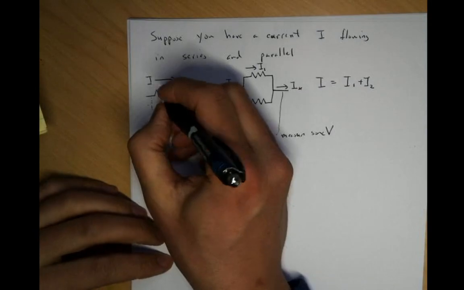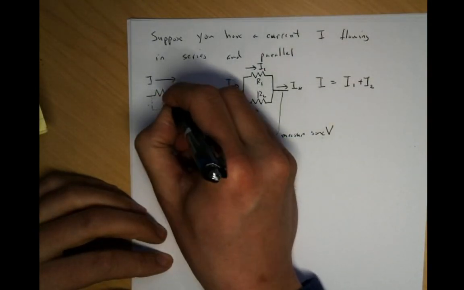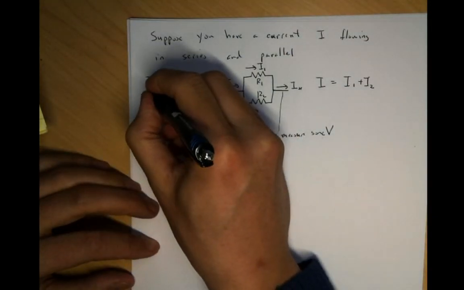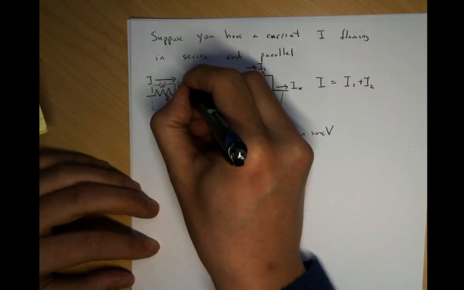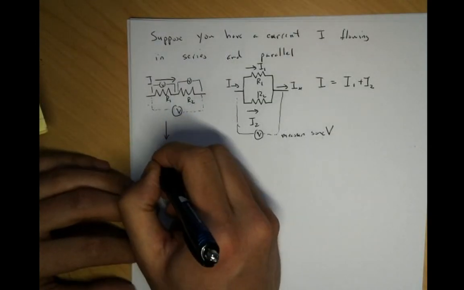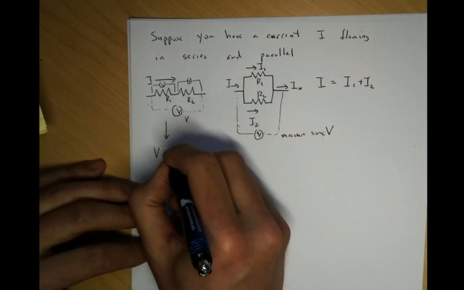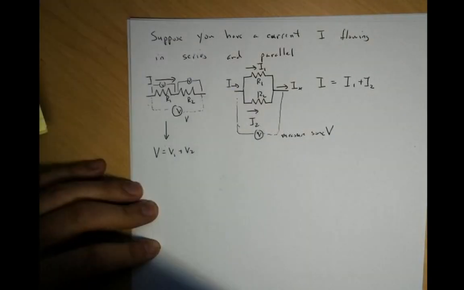Likewise, let's call these R1, R2. If I put a voltmeter here and another voltmeter here, the total voltage I measure is equal to V1 plus V2, the voltage across resistor 1 and the voltage across resistor 2.